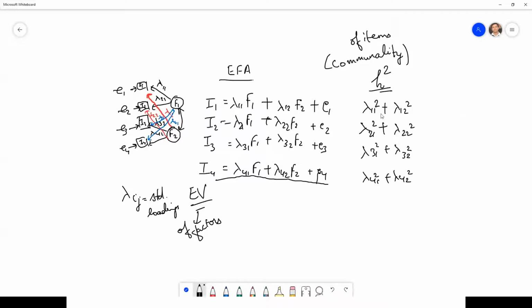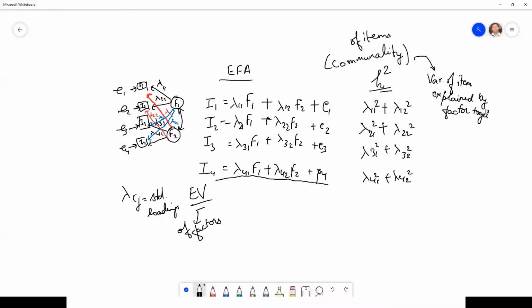What does this sum mean? The square of the loading means shared variance with the factor. Lambda 11 squared is the shared variance with factor 1, and lambda 12 squared is the shared variance with factor 2. So communality is defined as the variance of items explained by factors together.